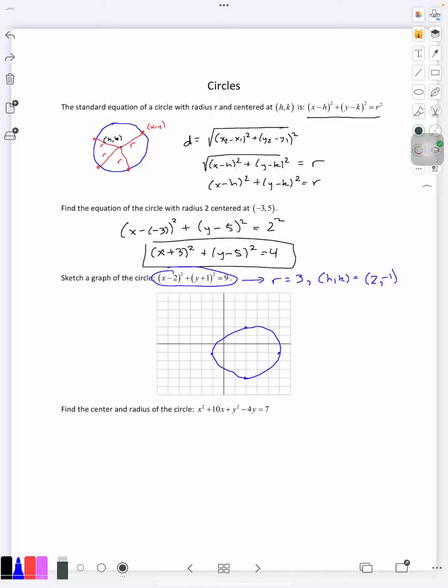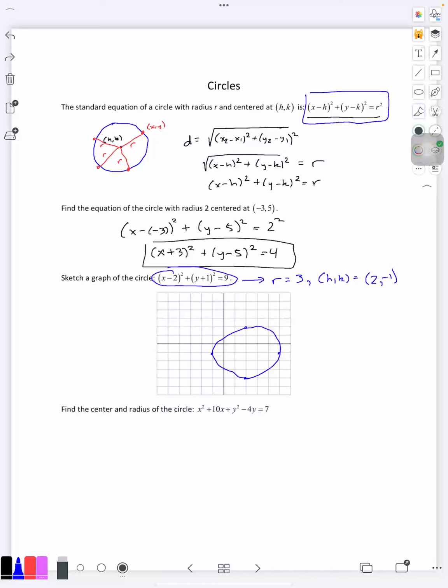Now, the hardest version of this type of problem is this last part right here, where we have a circle, x squared plus 10x plus y squared minus 4y equals 7. You'll notice it's not in the standard format. If it was in the standard format like the previous question, we could read off r and read off (h, k). But it's not.